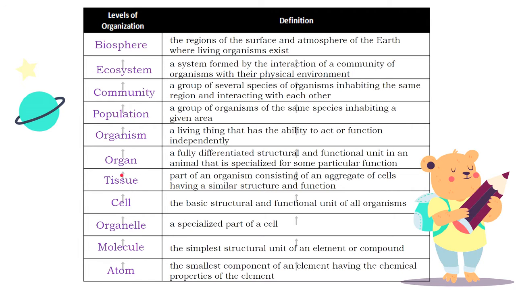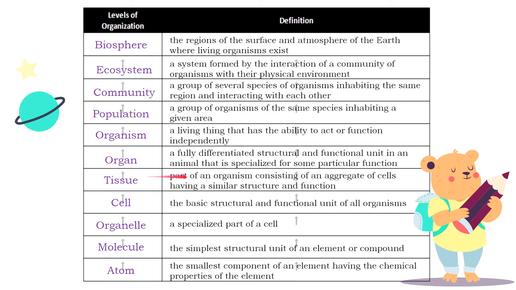So we call that a tissue. For example, several muscle cells can form a muscle tissue, or several brain cells can form a brain tissue, or several blood cells can actually form blood, which is actually a tissue.